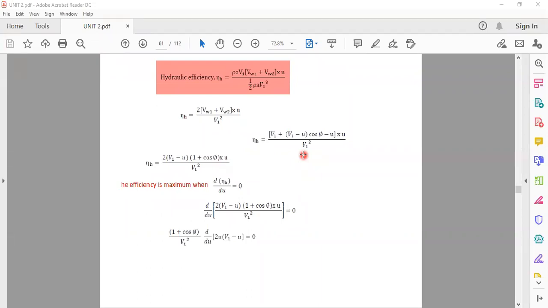Now after simplification, we are getting hydraulic efficiency equal to 2(V1 minus U)(1 plus cos phi) into U upon V1 square. So efficiency is maximum at the condition for maximum efficiency. Differentiate hydraulic efficiency with respect to U and equate to 0, that is called the condition for maximum efficiency.